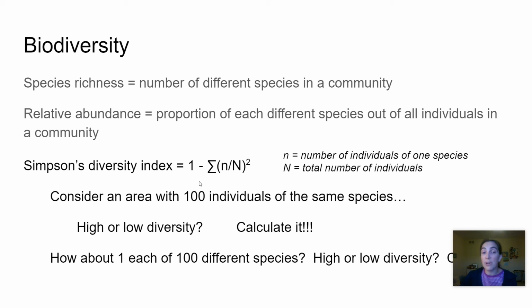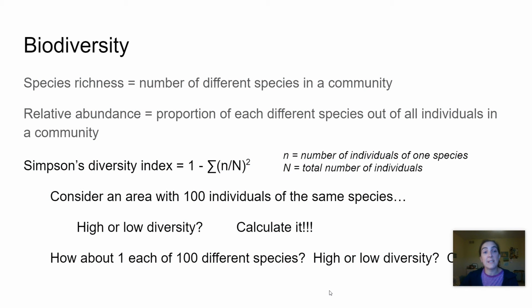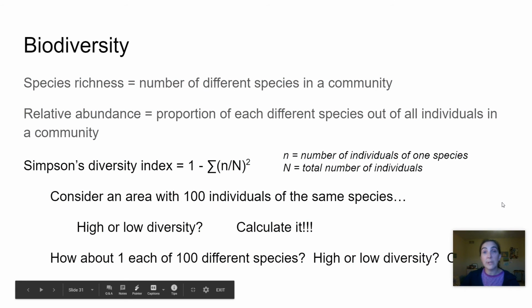So our overall answer is going to be approaching 1, which is the highest range of this diversity index. We're going to use this diversity index to go back and look at the pond water community, and we'll talk about it in some other places as well. This is one of those equations that you need to be able to work with and understand what it means.